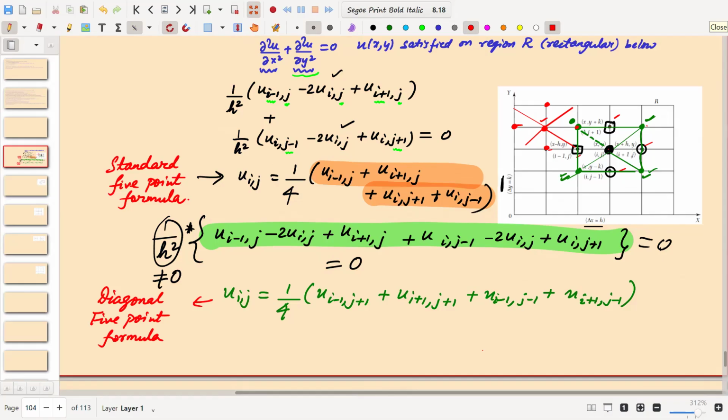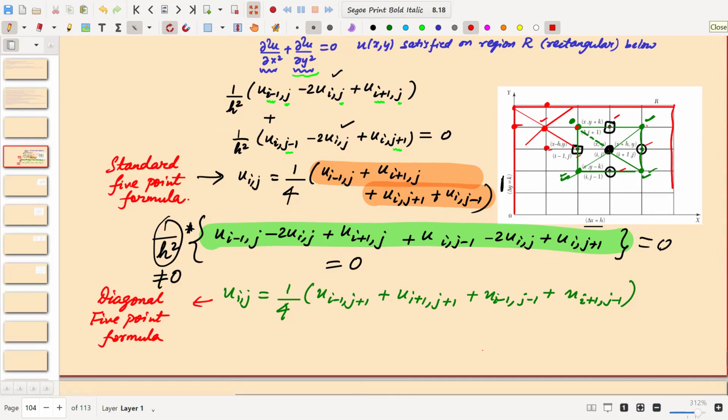We have boundary conditions. Boundary condition means these boundaries we know. So how will you find the point? You will get the point, but how will you find the value of it?